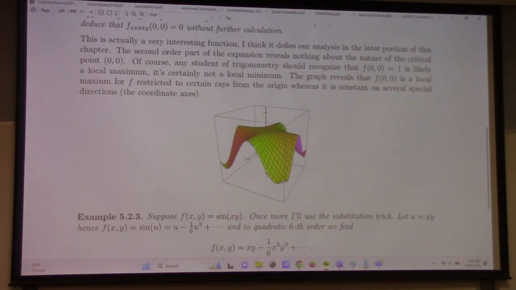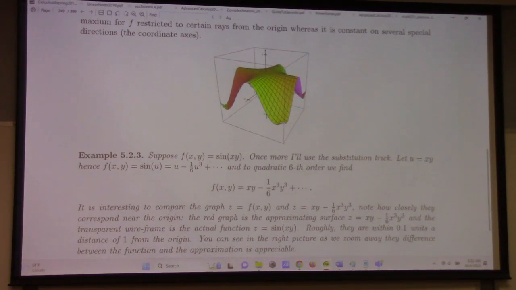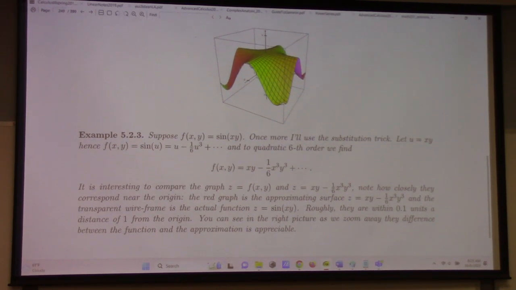Technically, that would fall outside the clutches of our second derivative test, which I'm going to show you in just a second. Here's another one, sine of xy. It's got a power series expansion of xy minus 1/3 x cubed y cubed. Now this one, again, if you ask me about 0, 0, I look at this, there are no terms with just x or y on their lonesome, right? So I can see from just looking at this that f sub x of 0, 0 and f sub y of 0, 0 are both 0.